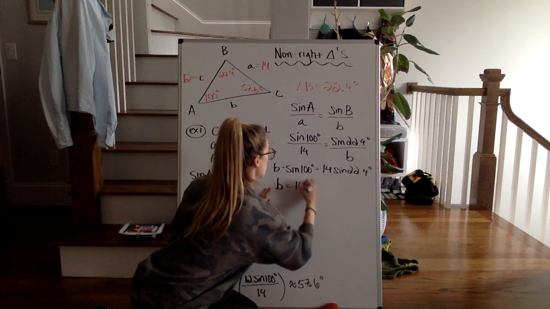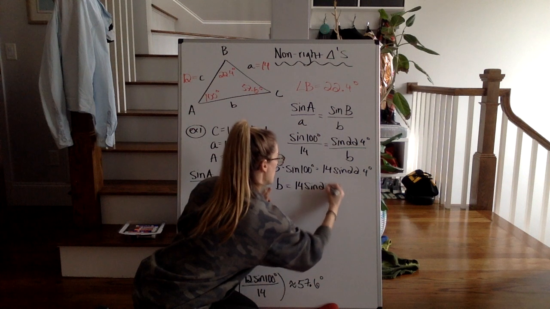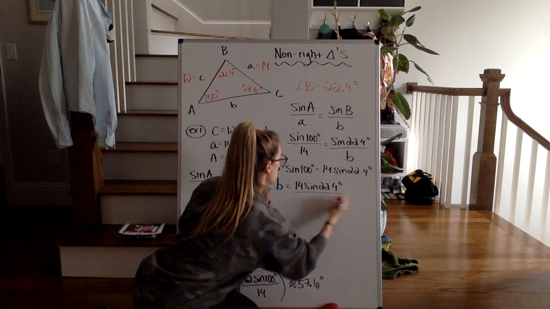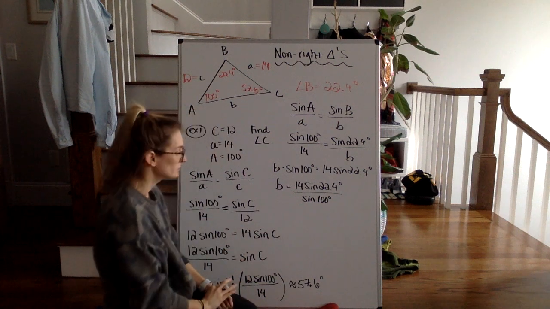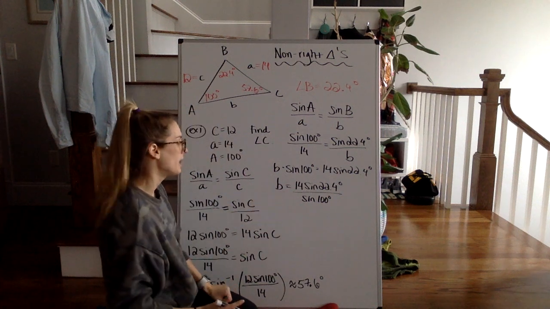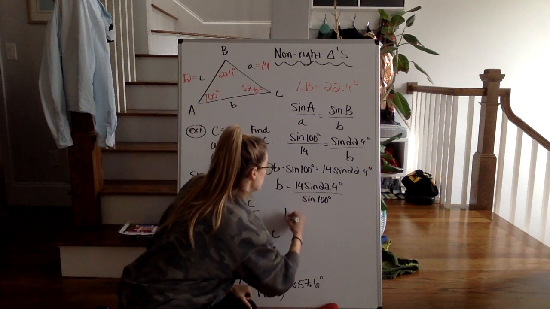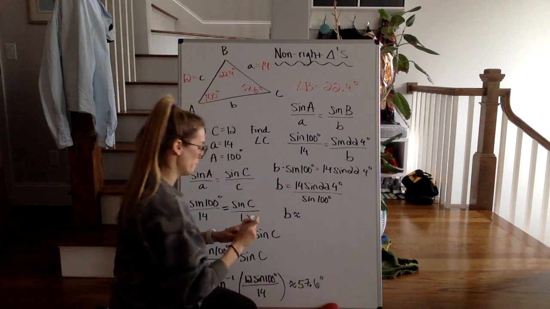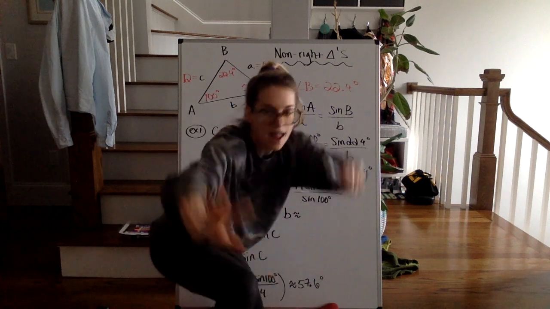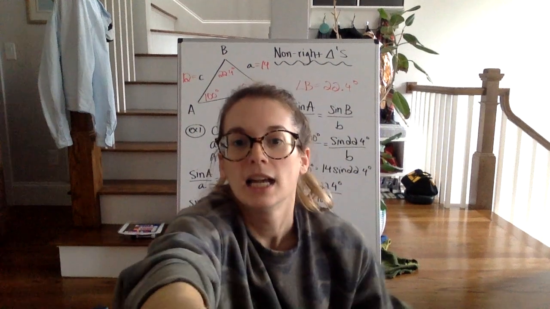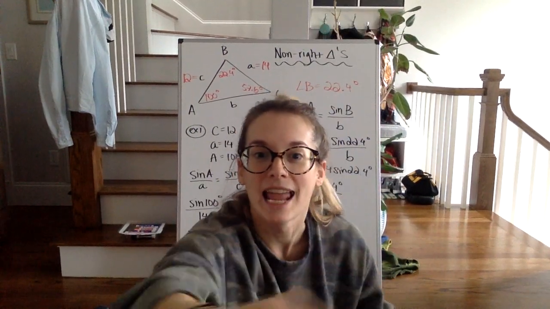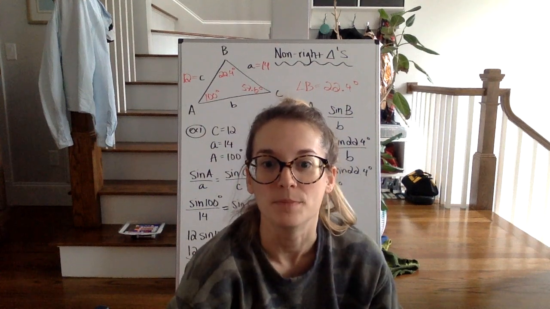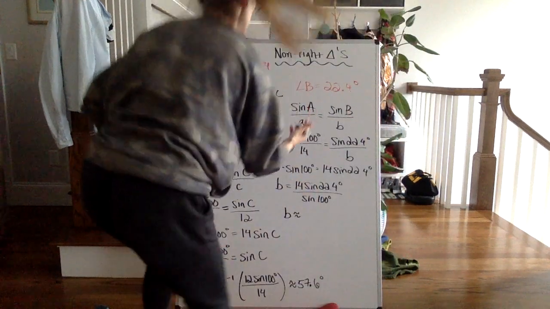So B equals 14 sine of 22.4 divided by the sine of 100 degrees. And from there, if you go to your calculator, you can get the approximate value of B. The length of that side would be 5.4 units.